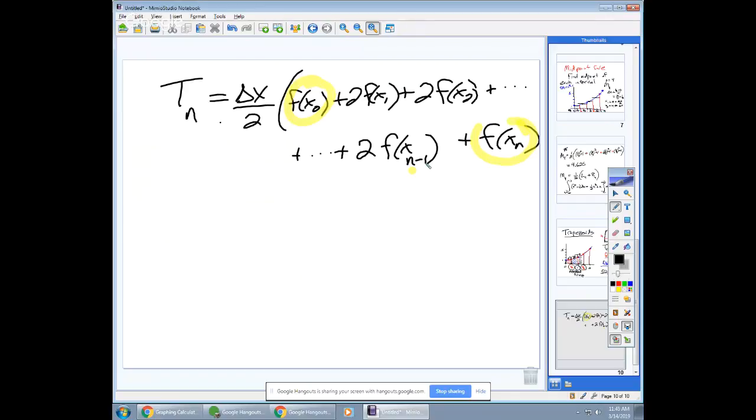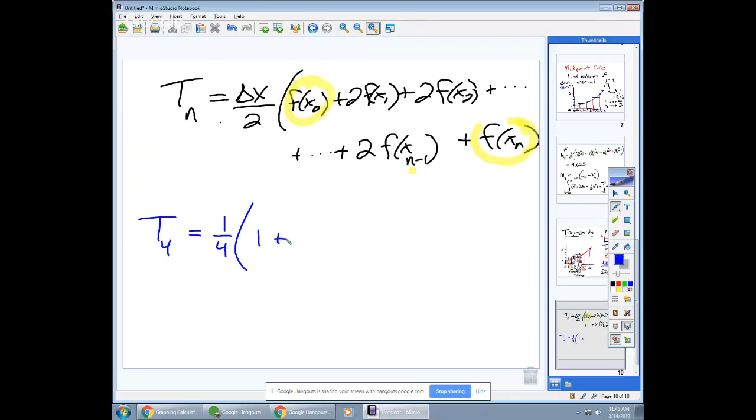Okay. So if we apply that to ours here and find T4, our delta x was a half, and we divide that by 2, we're going to get a fourth outside. Plugging in 0 is just going to give me a y value of 1.